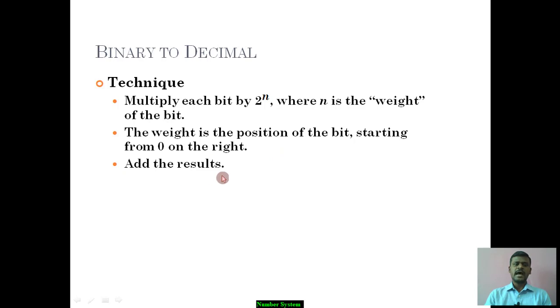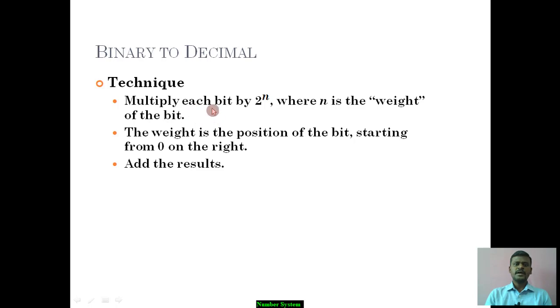And the third one is add results. That means first we need to find out the weights, then we need to add those in the end. So with this technique we will move on to some examples so that we can apply this technique on the conversion of binary to decimal.